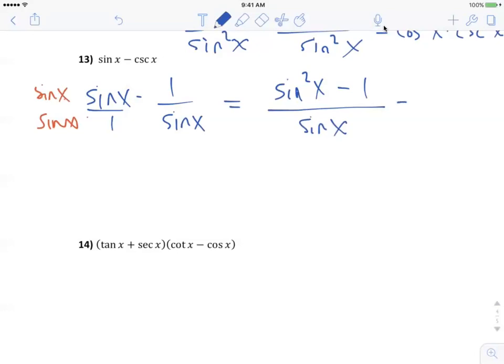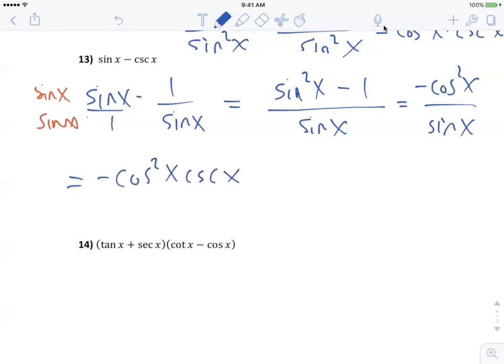So that's actually negative cosine squared over sine x. And again, that's probably good enough because it's all in terms of sines and cosines, but there's some different forms. You could write that as negative cosine squared times cosecant x, right? There's some other options too, but that gives you a few.